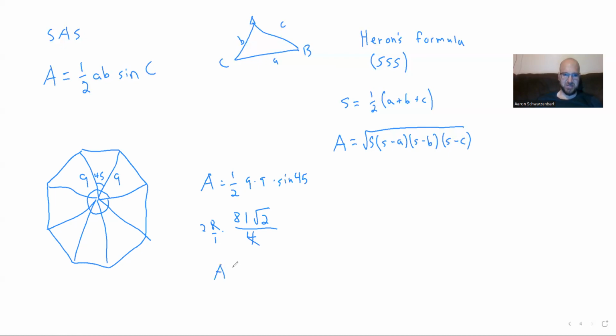So the area is 162 times the square root of 2 inches squared, because these are in inches. They also gave the decimal as approximately 229 square inches.